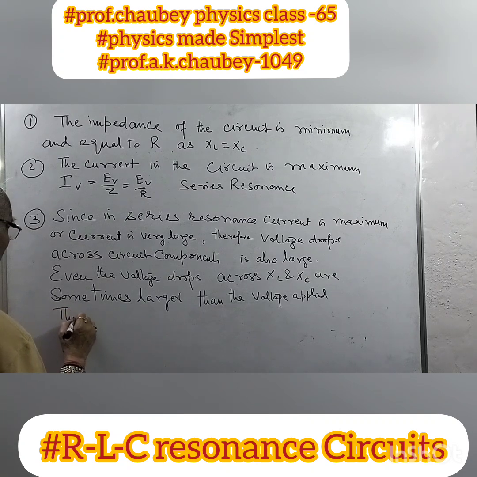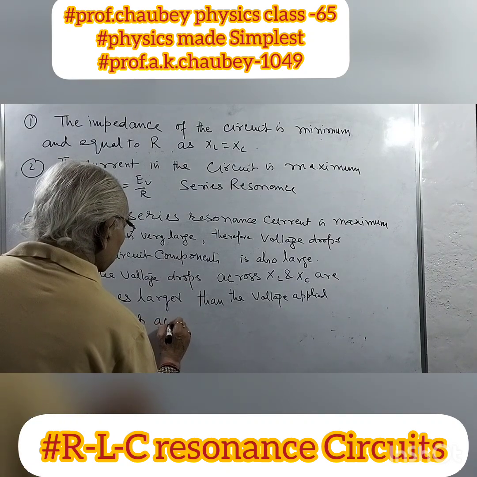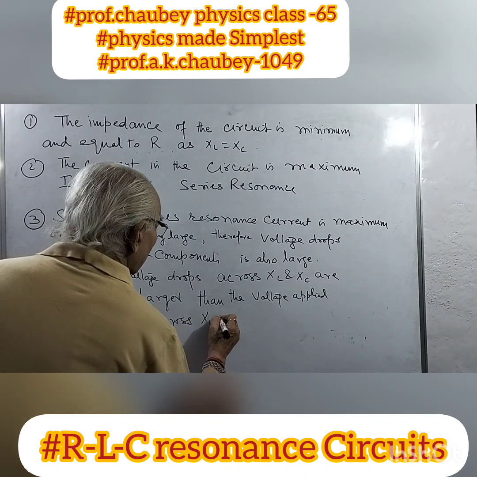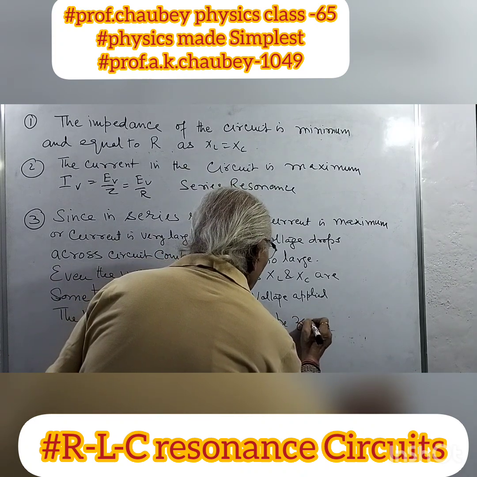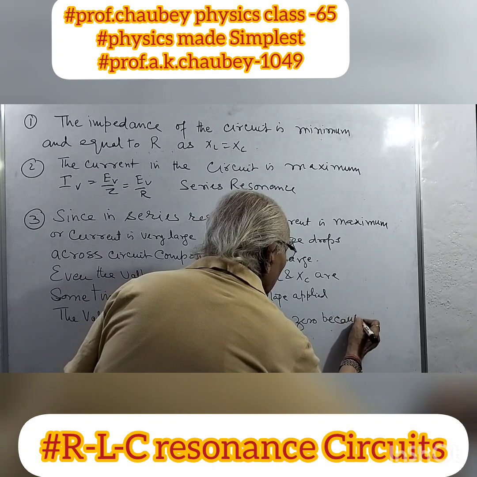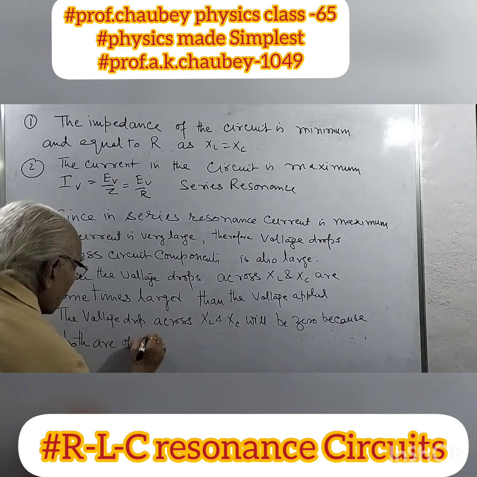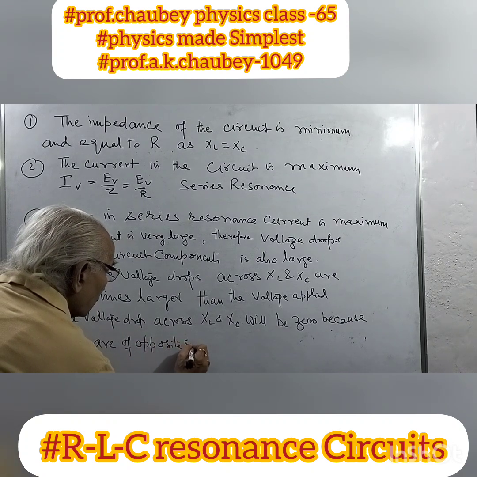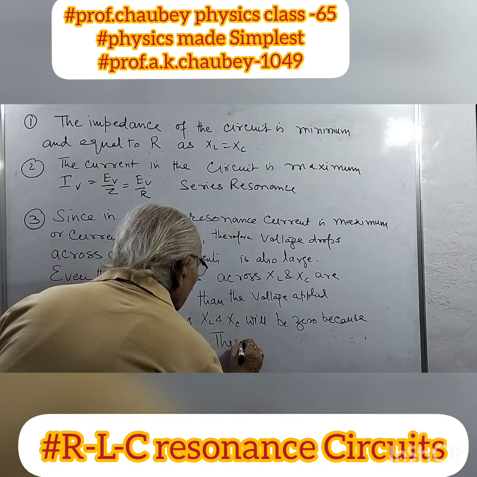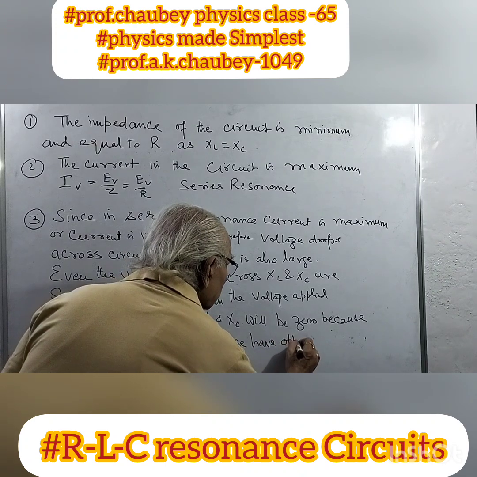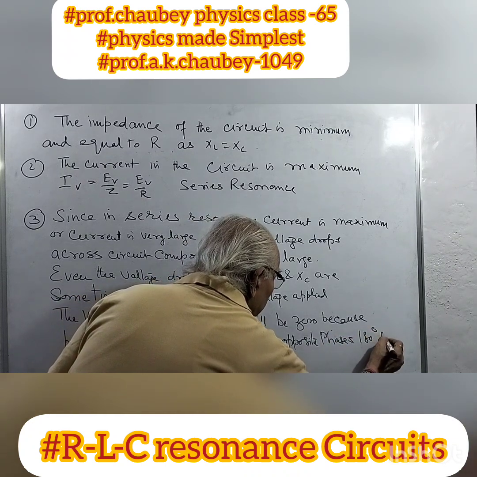But we know the voltage drop that is across XL and XC will be zero in total, because both are of opposite sign and they have opposite phases, a 180 degree difference.